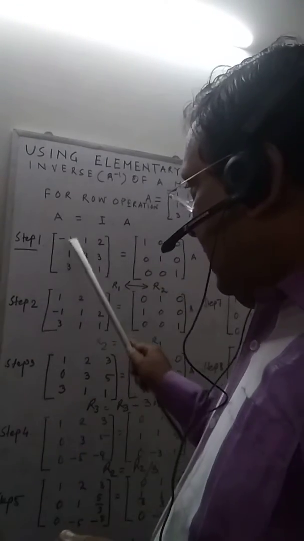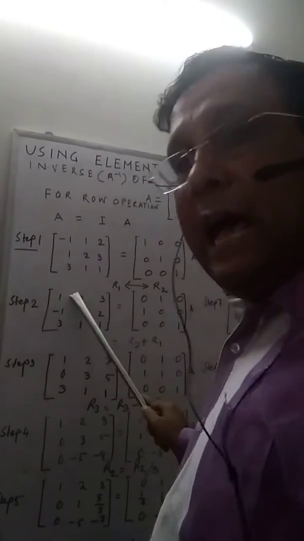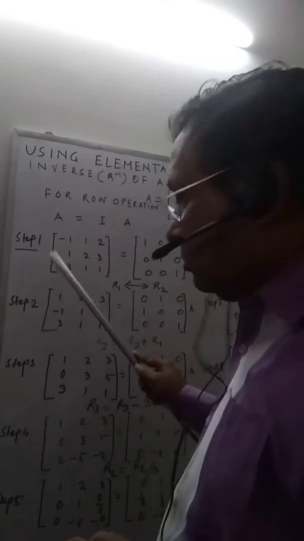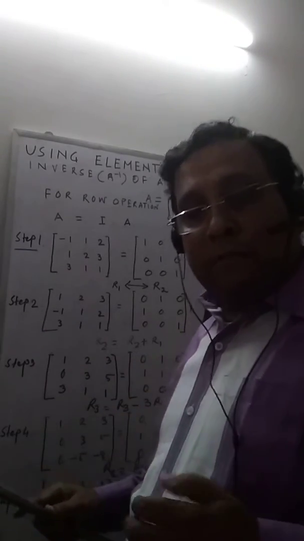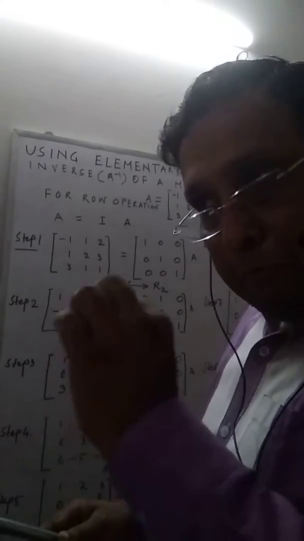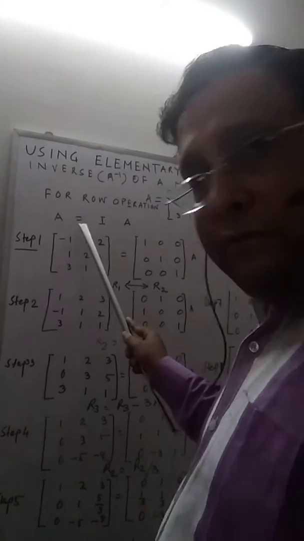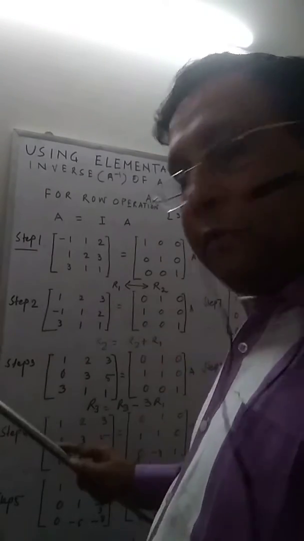So to bring a 1, if there is no 1 here, then what do we do? We have to adjust by applying the second property, that is addition of rows or multiplying by something. Suppose without doing this, I could also make it 1. How?